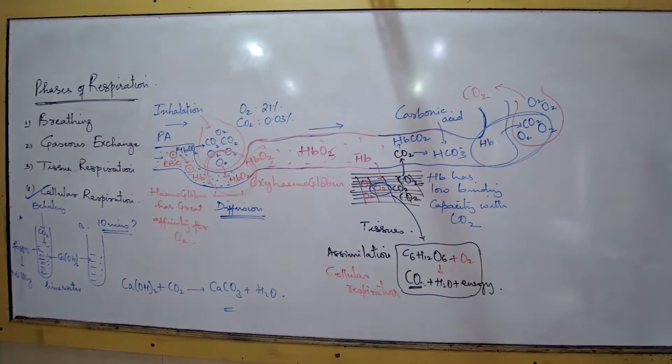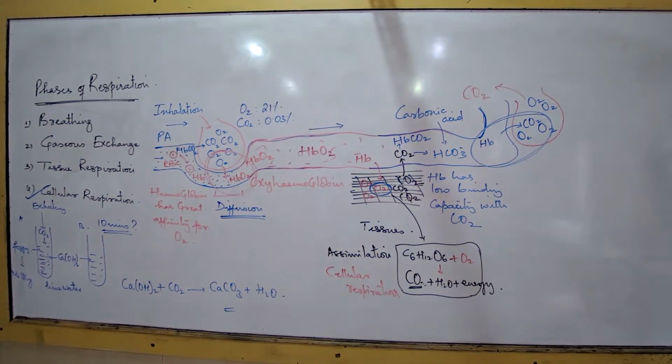The thin membranes of the alveolus help in diffusion of oxygen towards the blood and diffusion of carbon dioxide from the blood towards the alveolus. So that is the first point.